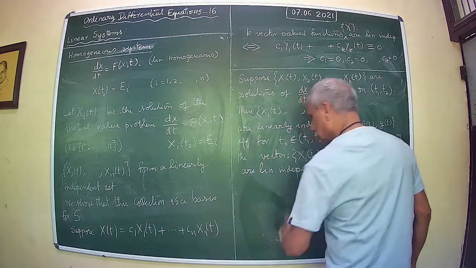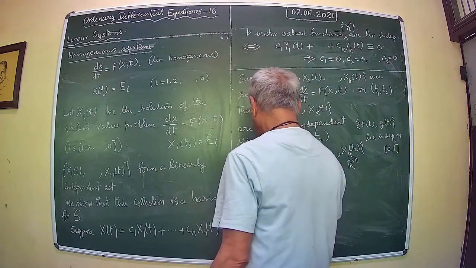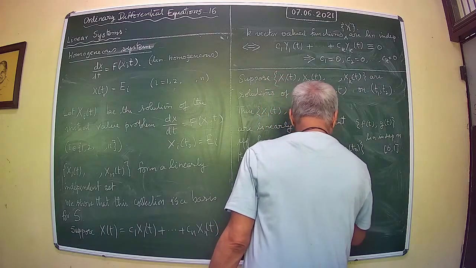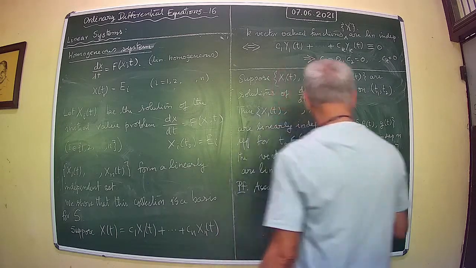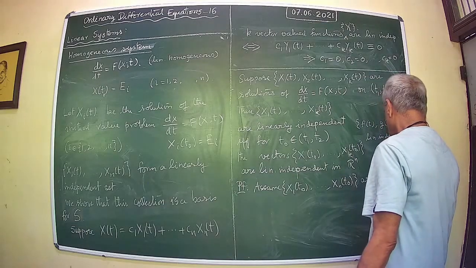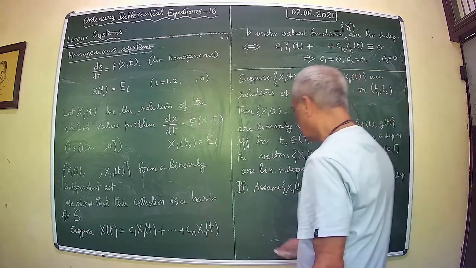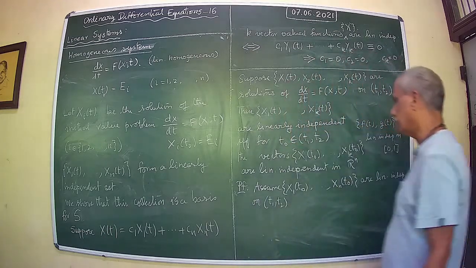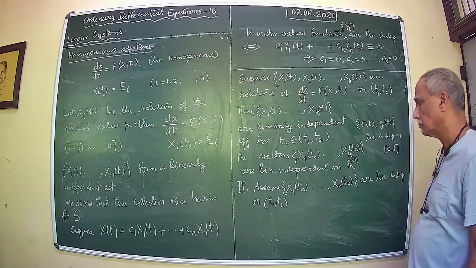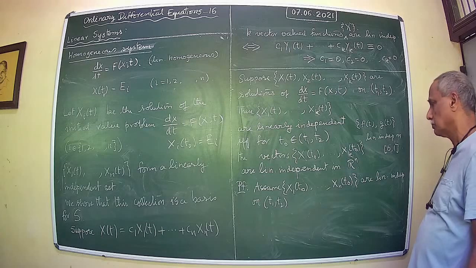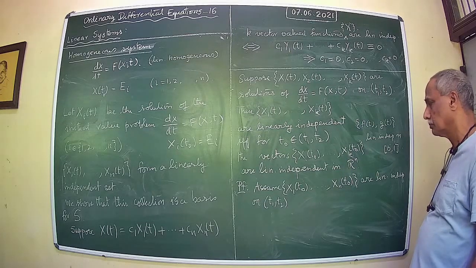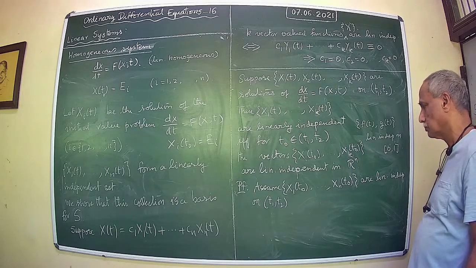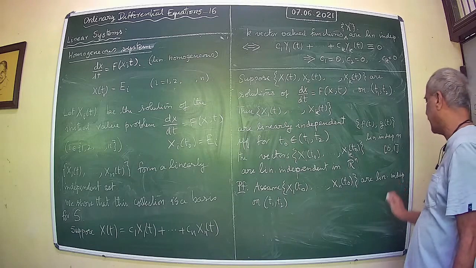So let me give the proof. Assume the vectors x1(t0), ..., xk(t0) are linearly independent. I will prove that the solutions are linearly independent.